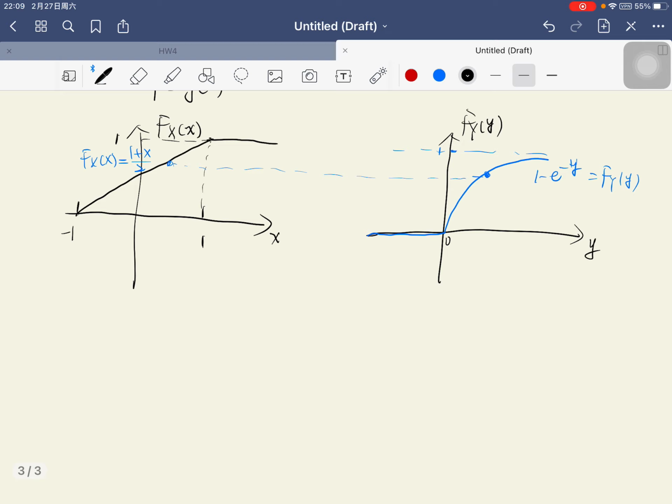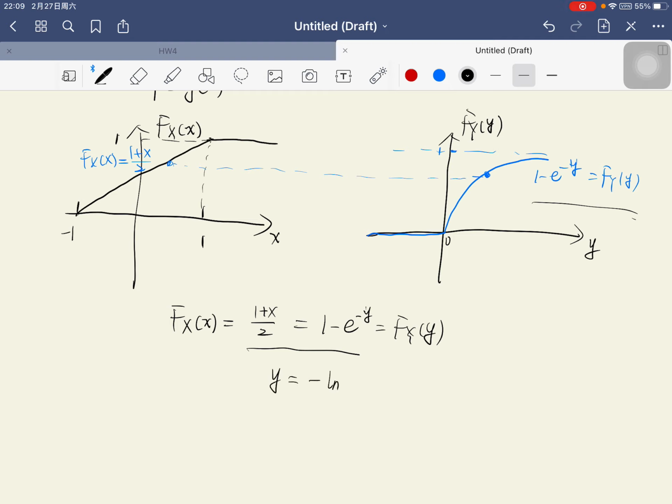So we could compute that when the distribution function of x, 1 plus x over 2, is equal to the distribution function of y, 1 minus e to the power of -y, then y is equal to minus ln(1 minus x over 2).